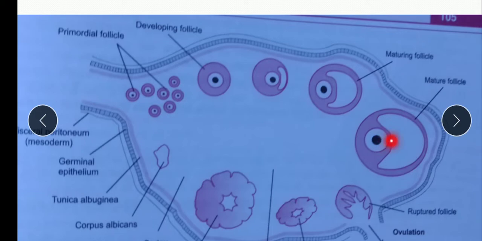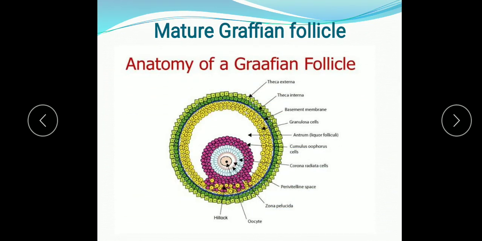It was first reported by the scientist De Graaf in 1672. As the development of the follicle proceeds, the surrounding granulosa cells form the granulosa layers. So let me see the structure of this Graafian follicle in detail. This is the anatomy of the Graafian follicle.